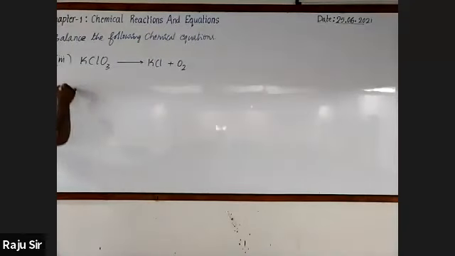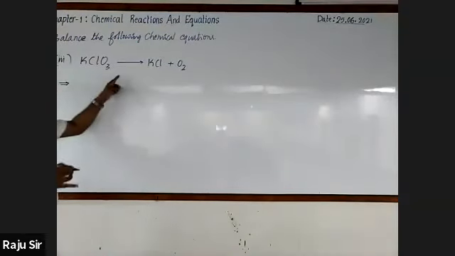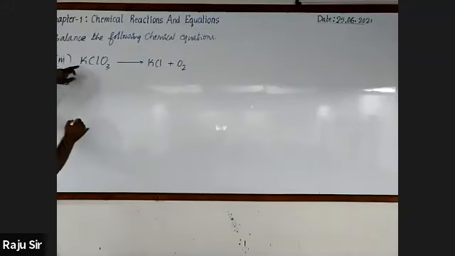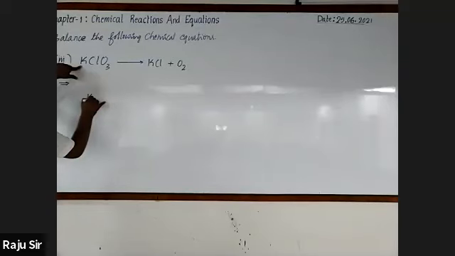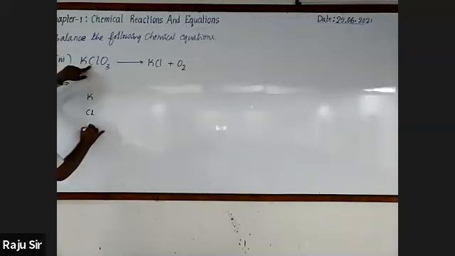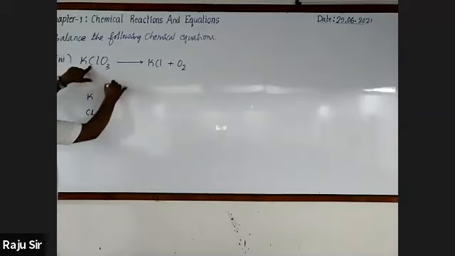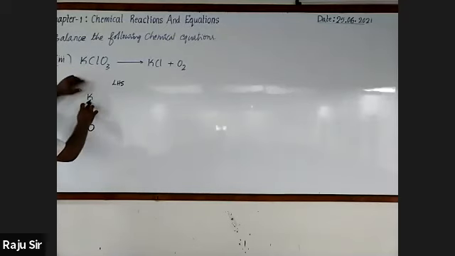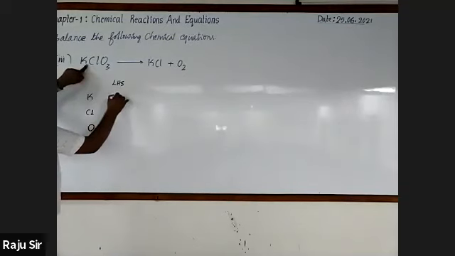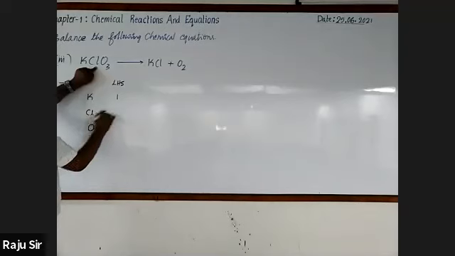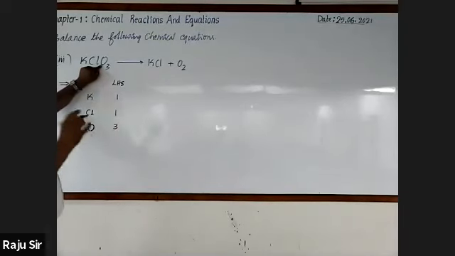Now let's go for balancing this chemical equation. The elements involved are potassium, chlorine and oxygen. On the left hand side, the reactant side, potassium has one atom, chlorine has one atom, whereas oxygen has three atoms.